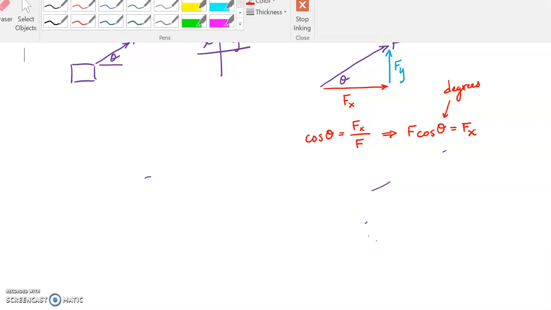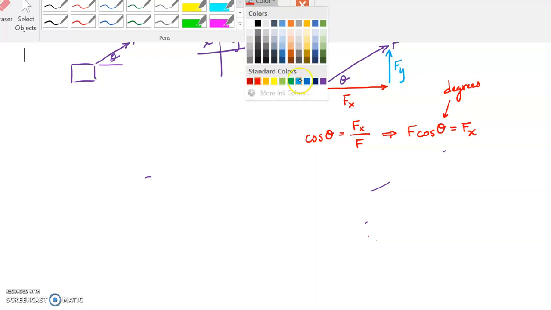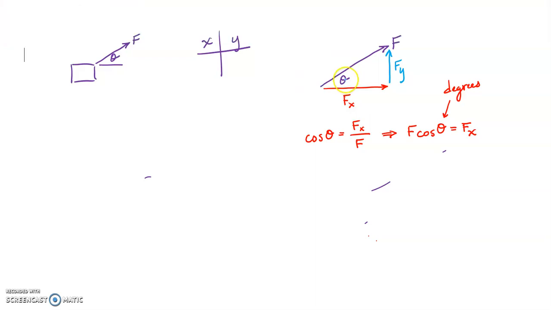Now for the y component, y is opposite of the angle, so that goes with sine. All right, so sine is opposite, which in this case is F_y, over the hypotenuse, which is again the initial vector itself.